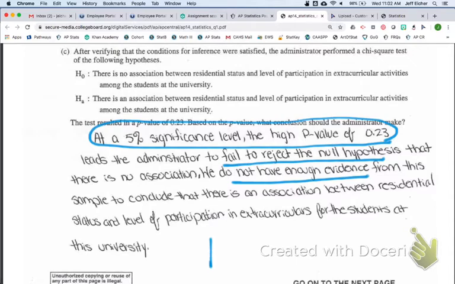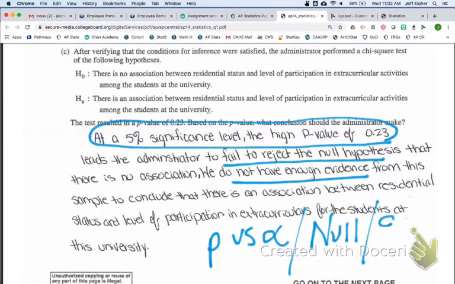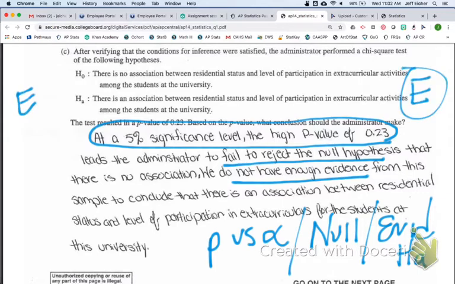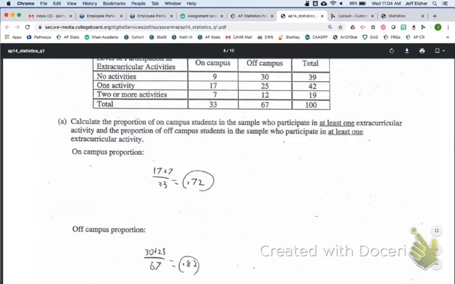So we have the p-value versus alpha is explicit. We have a statement about the null we are failing to reject. And we have evidence for the alternative in context, evidence for HA in context. So this would be scored an E. So this student who had an E on part A, an E on part B, and an E on part C gets a 4.